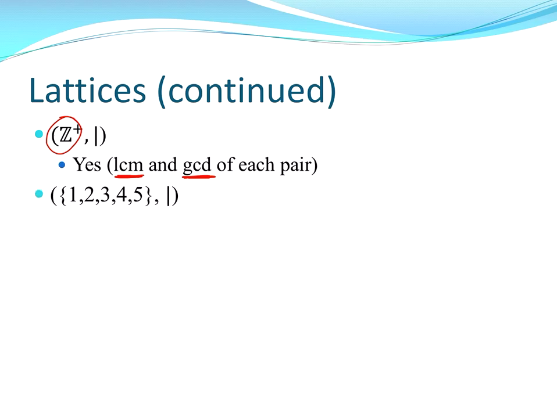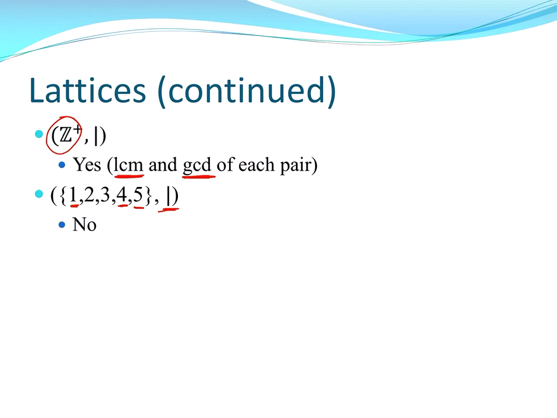On the other hand, here we have another set that is also on the divides relation, the set 1, 2, 3, 4, and 5. The pair 4 and 5 don't relate in the set. They do have a greatest common divisor of 1 that's in the set, but the least common multiple of 4 and 5 is 20, and it is not in the set.